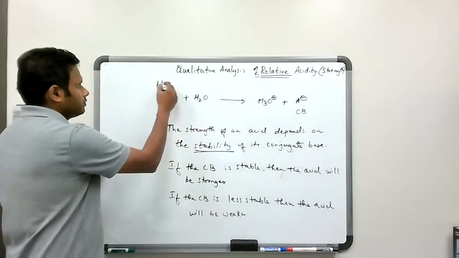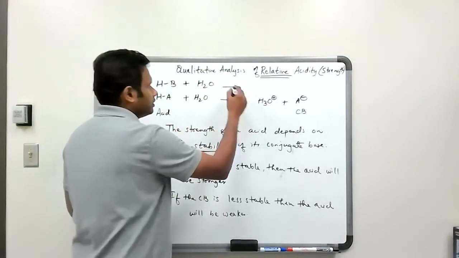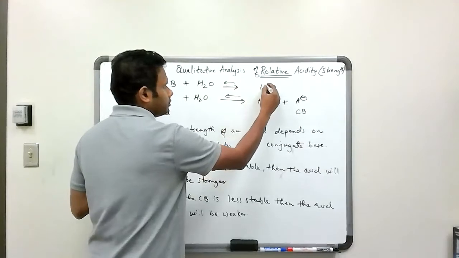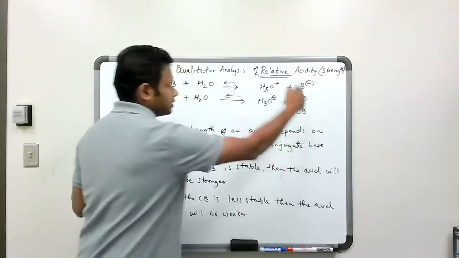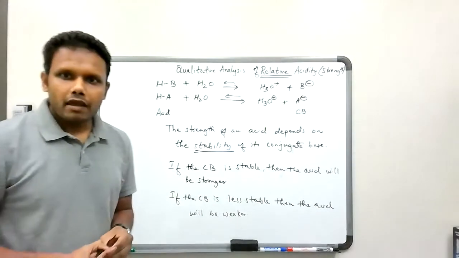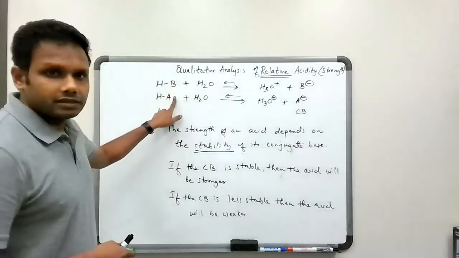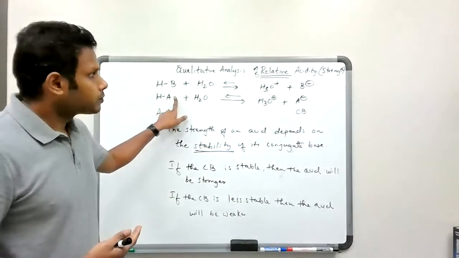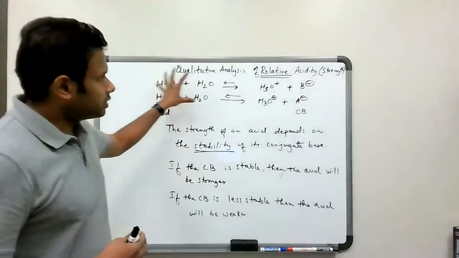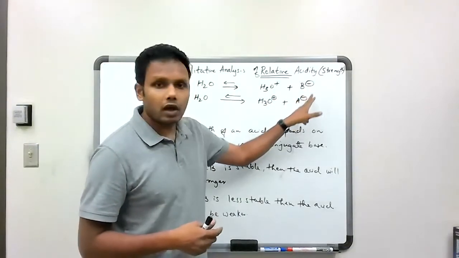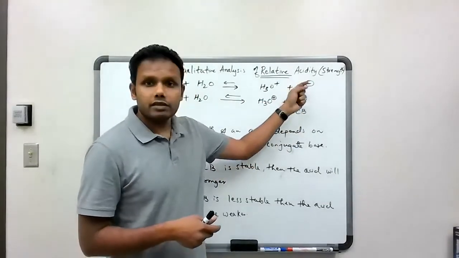If there's another acid, HB, which reacts with water, again there's an equilibrium here, to give B minus as a conjugate base, and I have to determine which of these acids is stronger, I'm going to ignore the acids and instead look at the two conjugate bases and evaluate their relative stability.